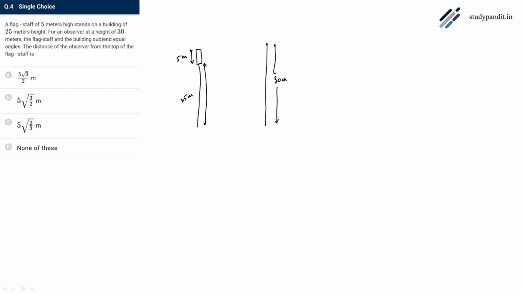And the flag staff and the building subtend the equal angle, so let the equal angle be alpha, then we can have this angle be alpha and this angle be alpha. Let this distance be x.